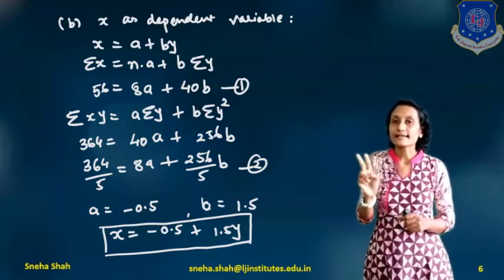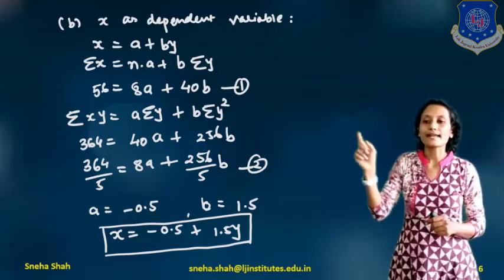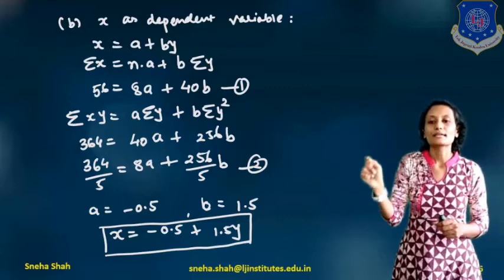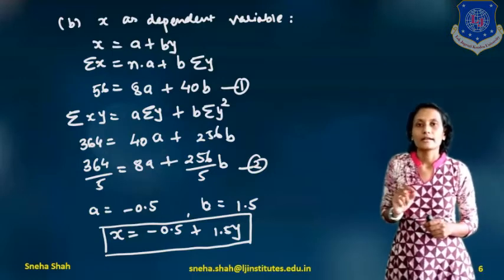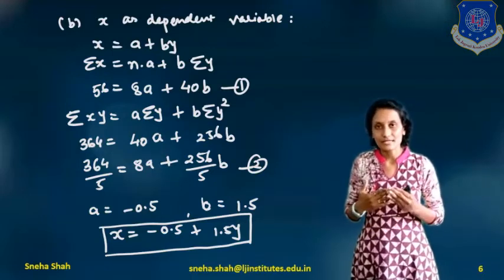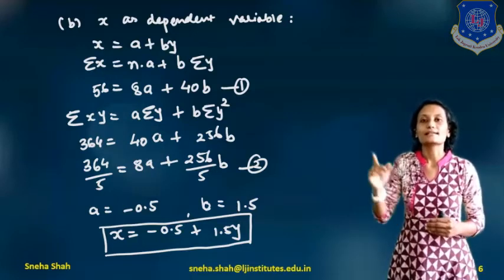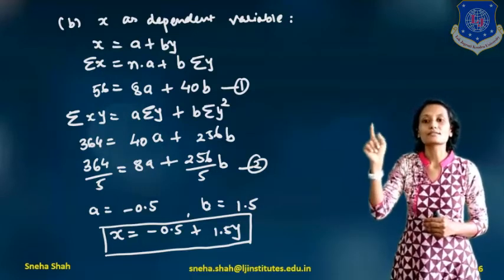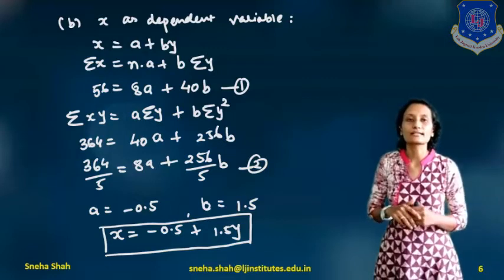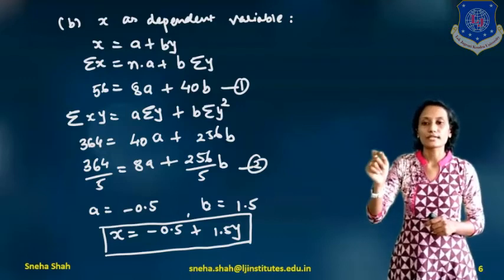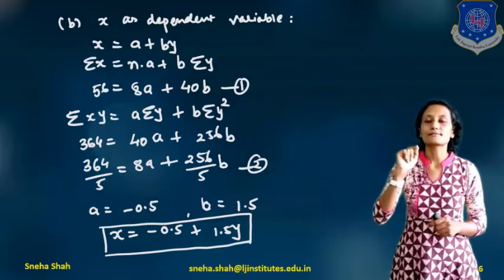Now we are taking the second normal equation as summation xy equals a summation y plus b summation y square. Putting the value of summation xy as 364, summation y equals 40 and summation y square equals 256, the equation will be 364 equals 40a plus 256b.